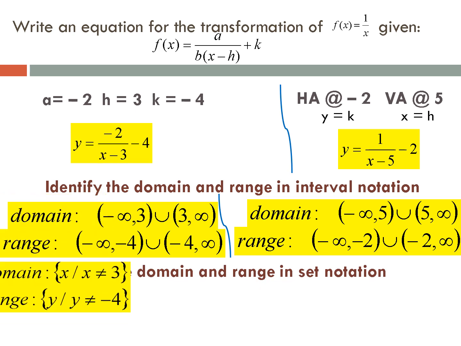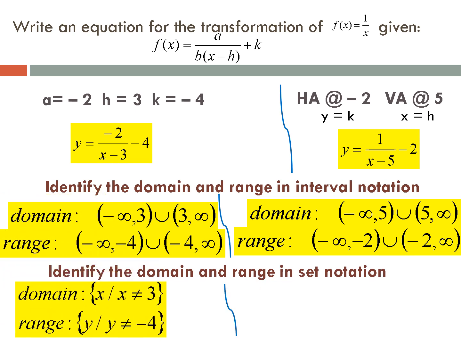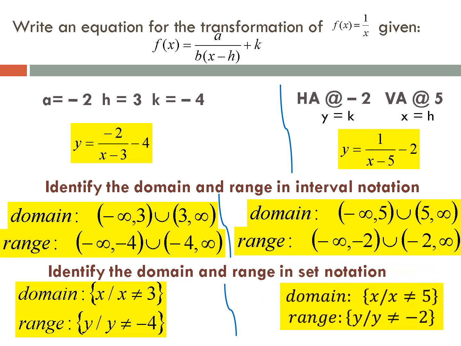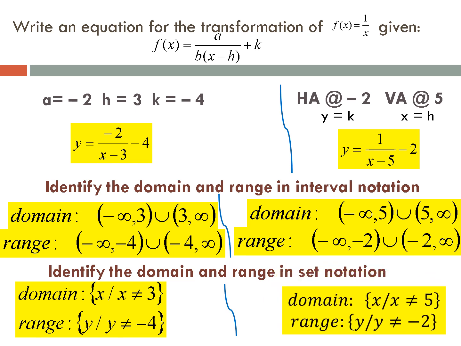And then lastly, if you're asked to write it in set notation, you basically say, for domain, the set of all x's such that x is not equal to h, because it's undefined there. So it'd be x such that x doesn't equal 3.